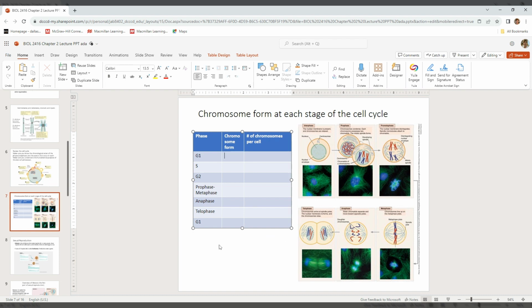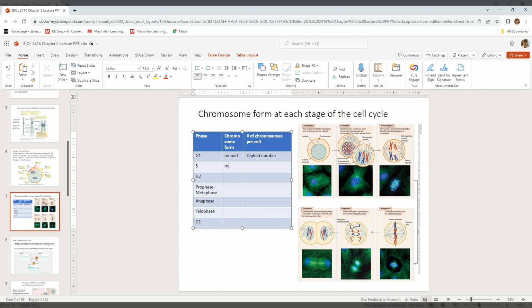So in G1, you can't see the chromosomes well with a microscope because they're not condensed. But in G1, the chromosomes are in the monad form, in the single chromatid form. And the number of chromatids per cell is whatever the diploid number is for that species.